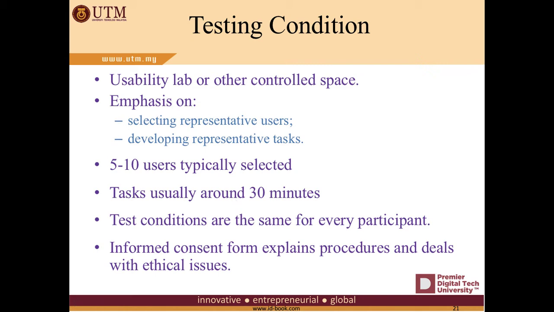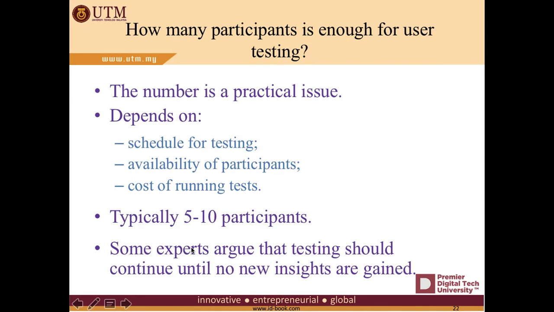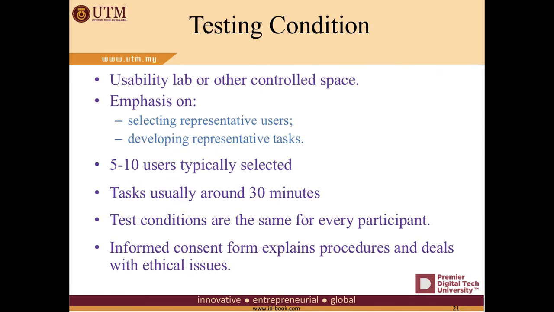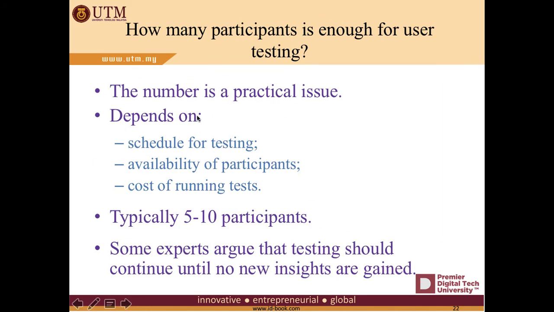The maximum should be less than 1 hour. Otherwise, the user will feel bored, frustrated and exhausted. You have to make sure test conditions are the same for every participant. And don't forget the consent form, explanation of procedure, and dealing with ethical issues. These are some of the most important things to highlight before you conduct tests.